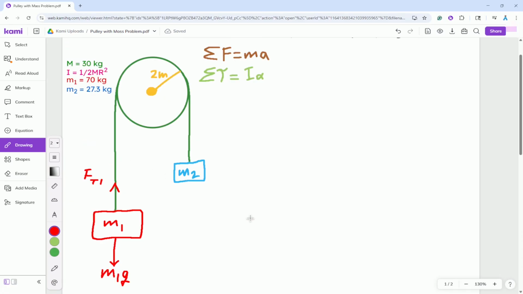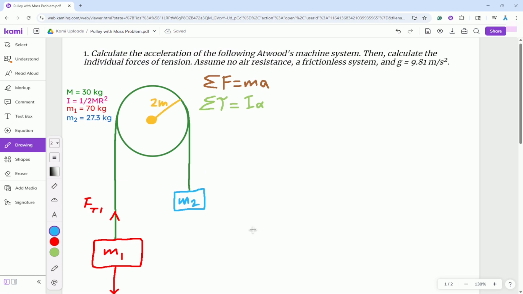Okay. And now on mass M2, we're going to have its weight, M2G, downwards, and a corresponding FT2 upwards.